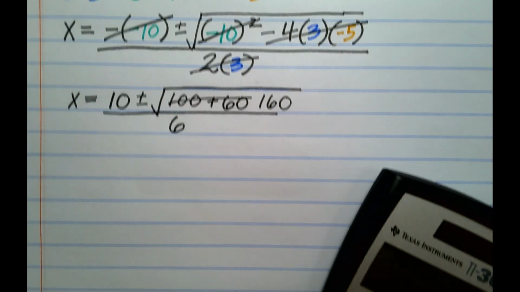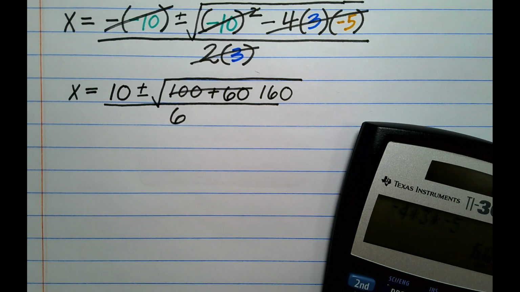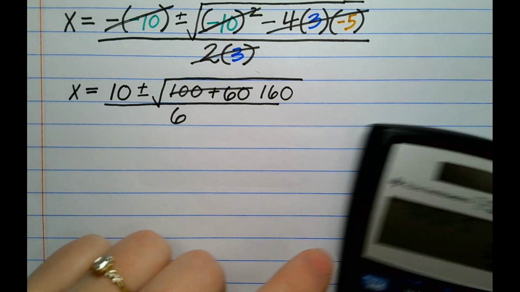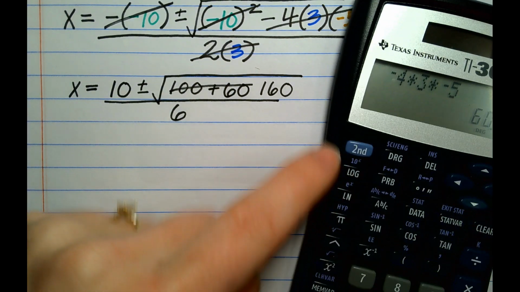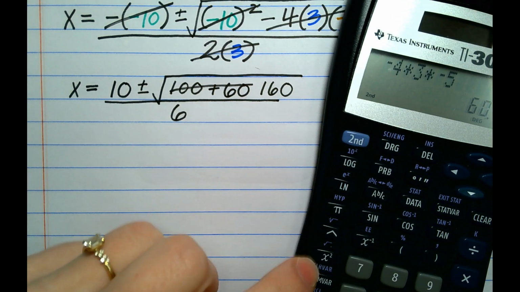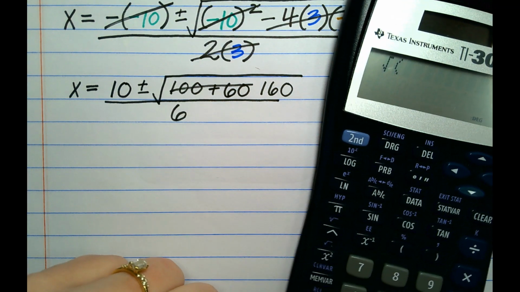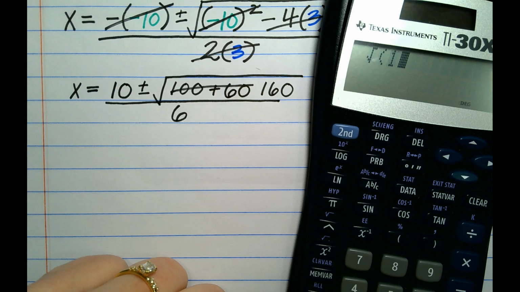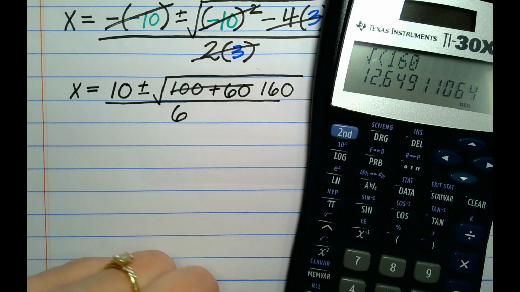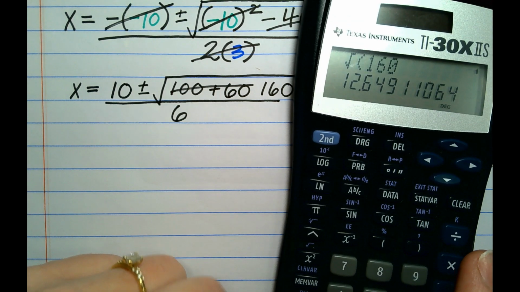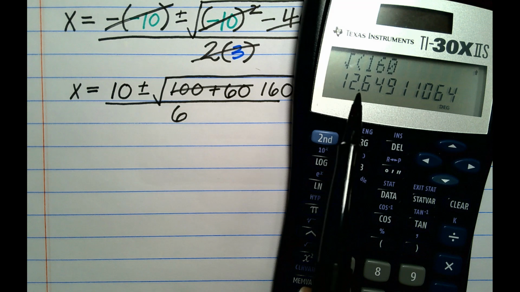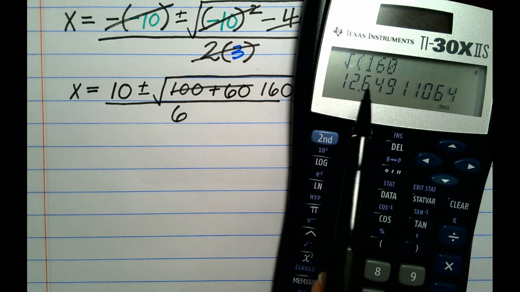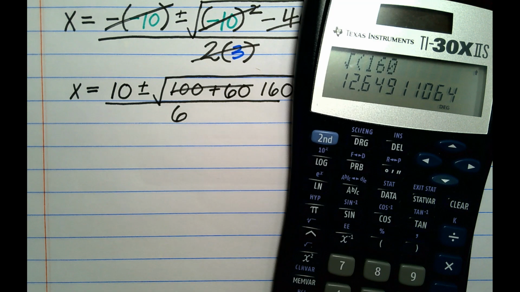Yeah, let's find the square root of 160 and then rewrite the problem without any weird symbols. Now we're going to have just numbers. So, second x squared button, there's my square root, 160, and we get another decimal. 12.65.